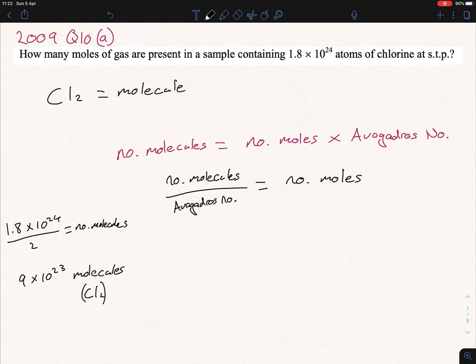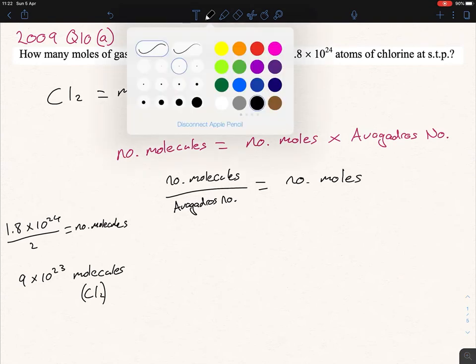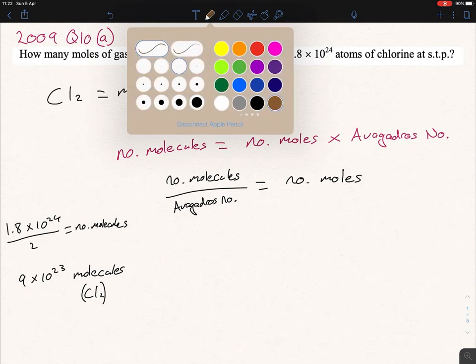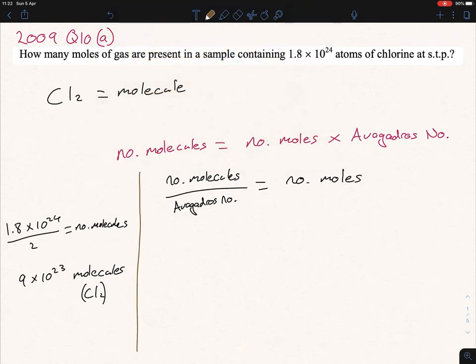I'm just going to keep these separate, I don't want them being mixed up. So the number of molecules is 9 times 10 to the power 23. Divide that by 6 times 10 to the power 23, and we're going to get 1.5 moles of Cl2.